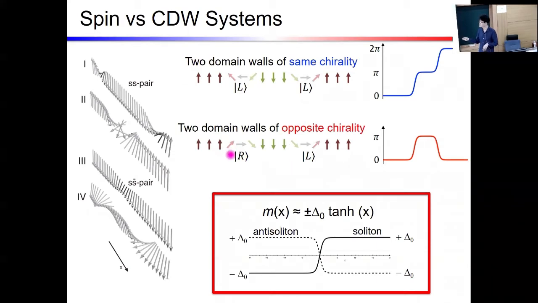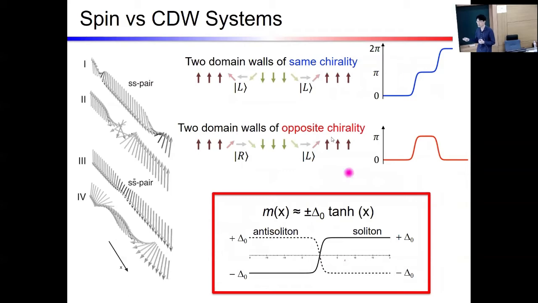But here, they are rotating clockwise when moving along the chain direction, but then back to counterclockwise. When you plot this angle change along the chain, it starts from 0, rotates by pi, and then rotates another pi, becoming 2 pi. But in this case, it starts from 0 to pi and comes back to 0.